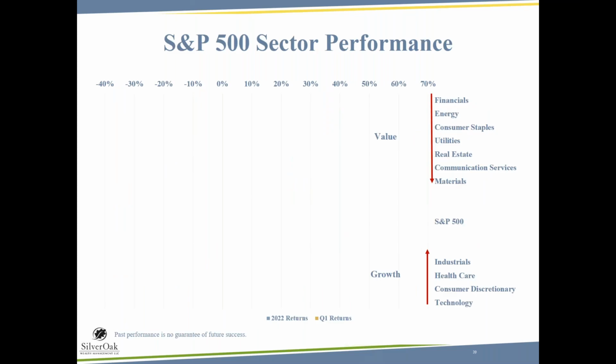And what really drove the growth performance? It really came down to the industry groups. So if we look at the first quarter, on the top you're going to see some negatives and some small positives. Now, communication services was up 21%.